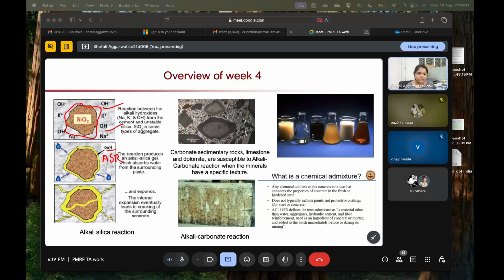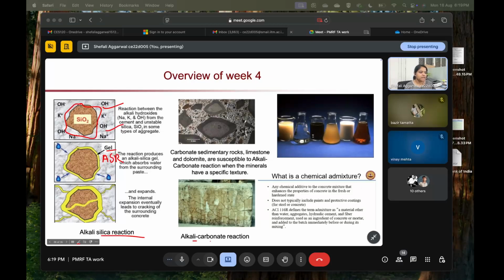Because of absorbing water, this gel expands. When it is expanding, it applies pressure to your concrete system and cracks start generating from this point. So this is one of the problems of the interfacial zone of concrete and aggregate.